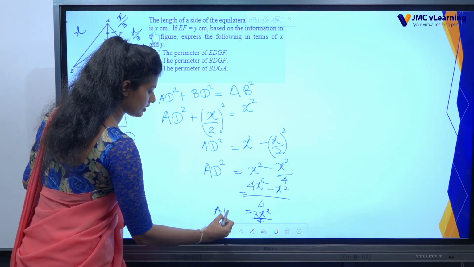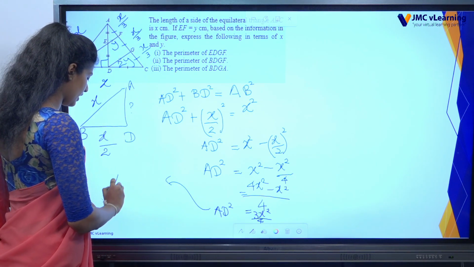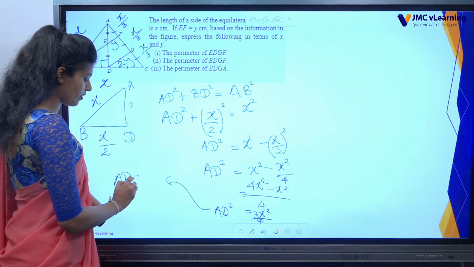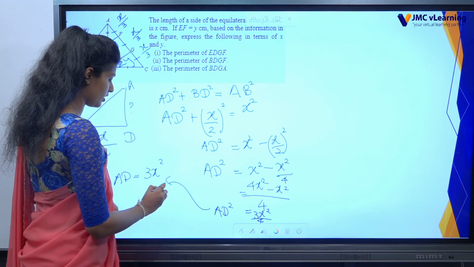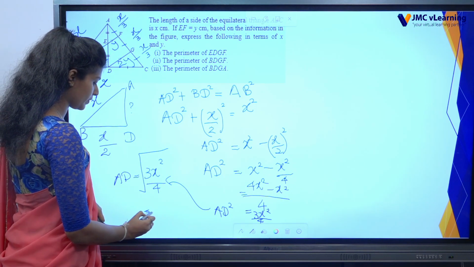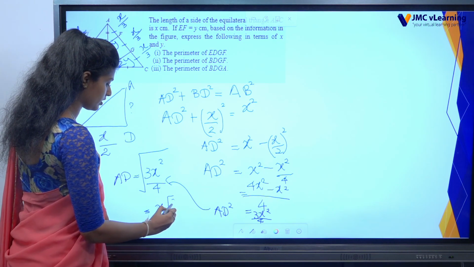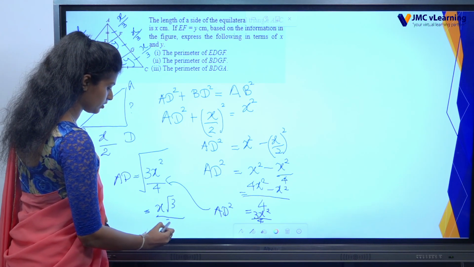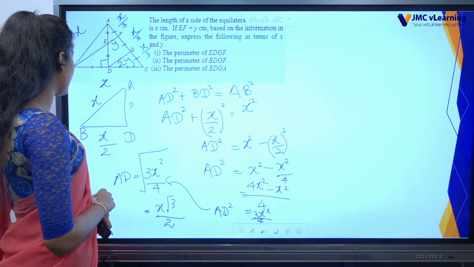Then it is AD squared. You have to find the value of AD, so you have to take the square root of this number, 3x squared over 4. Take the square root. Then here x root 3 over 2. This is the length of AD.